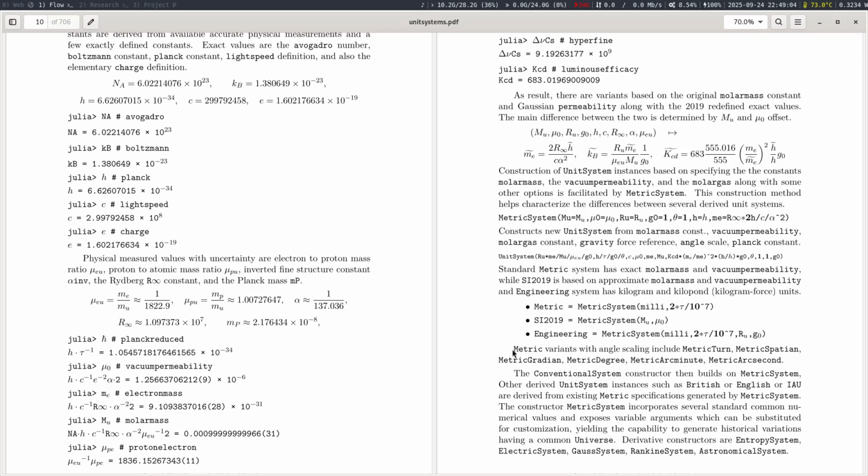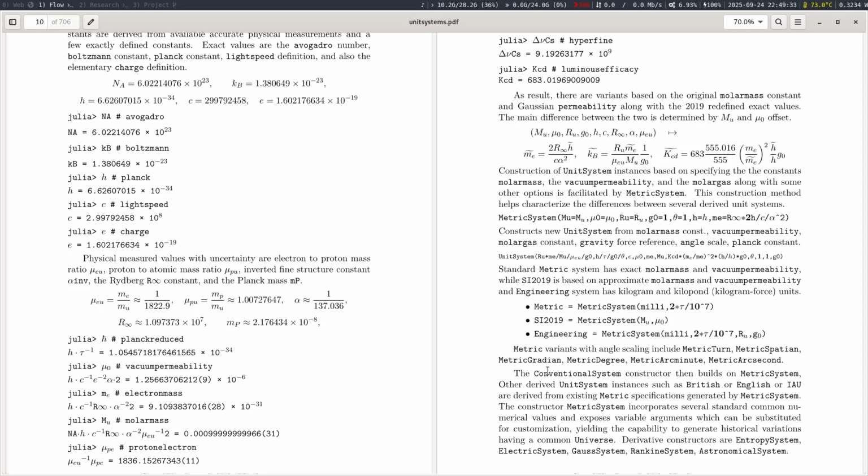The metric variants can include angle scaling, and that's why there are all these variants like metric turn, metric degree or arc second. It's just to demonstrate that you can change the angle if you want. So it's just an example and standardization of it.